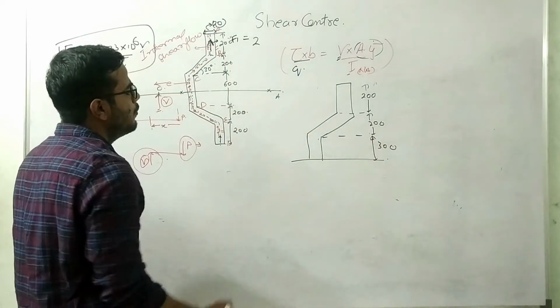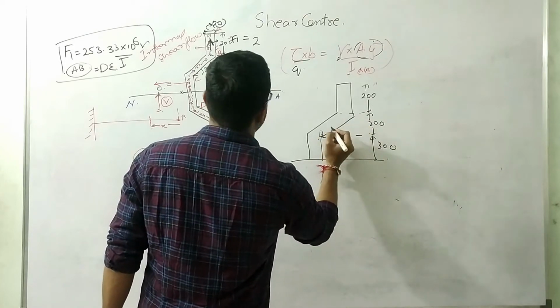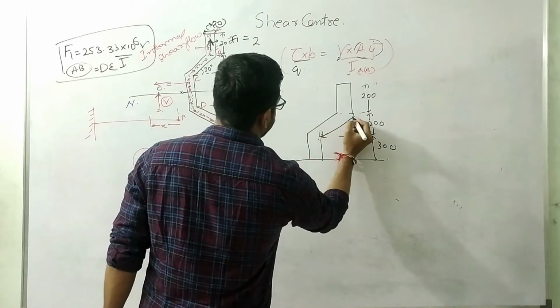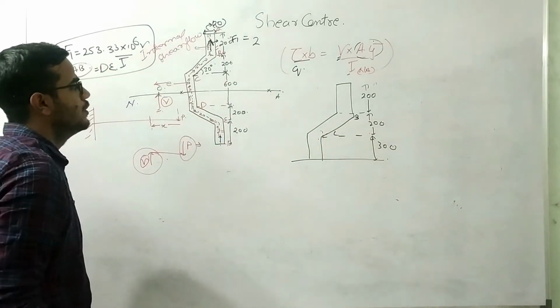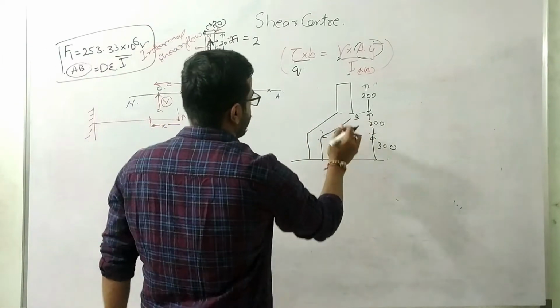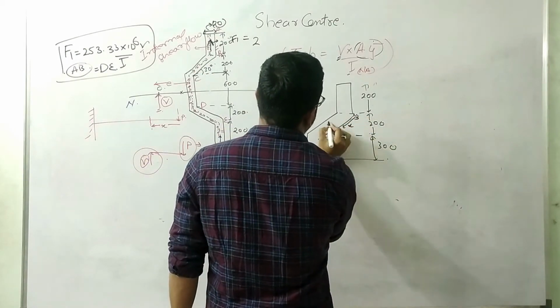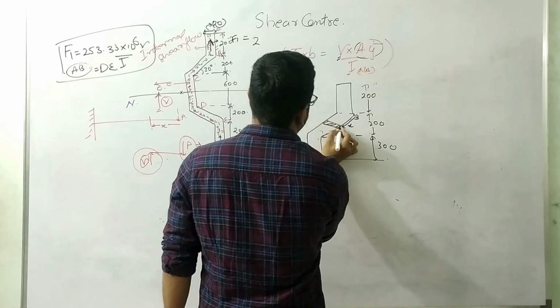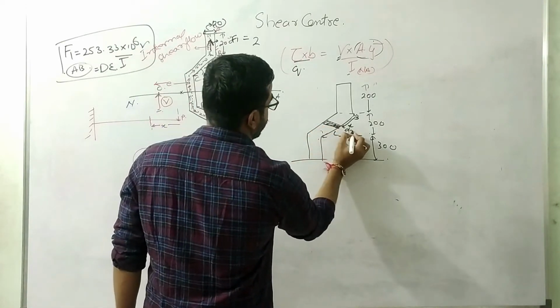Now I have to calculate the net force generated due to shear flow at this BC segment. Here also, at a distance of x, I am taking an element dx.